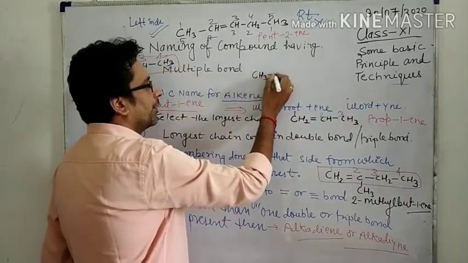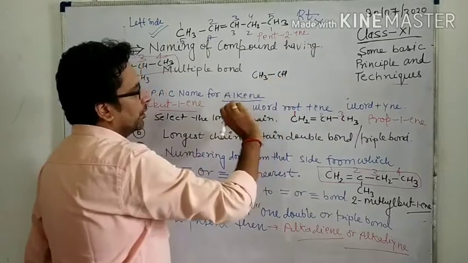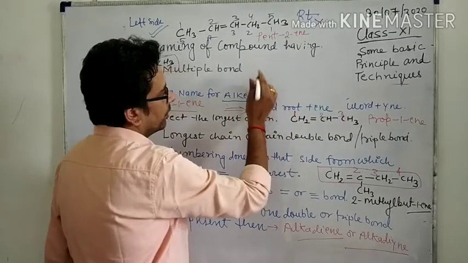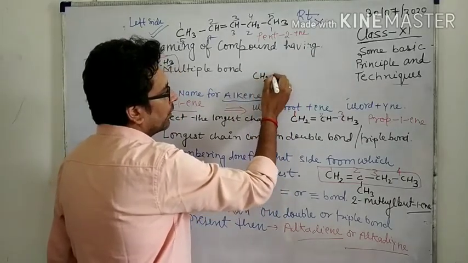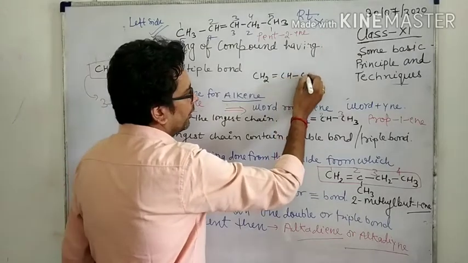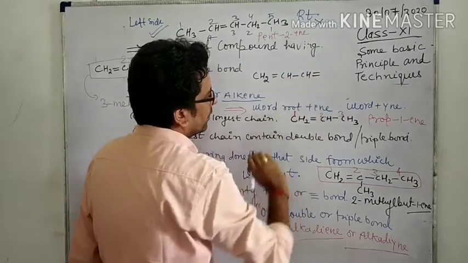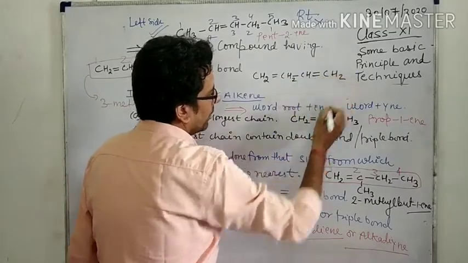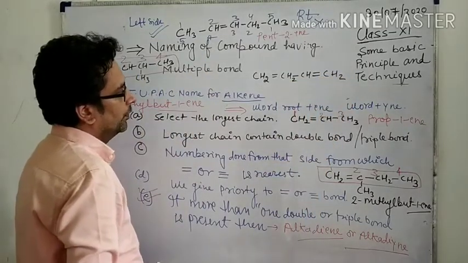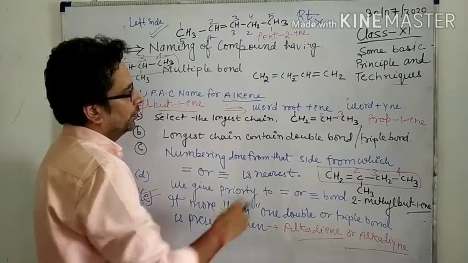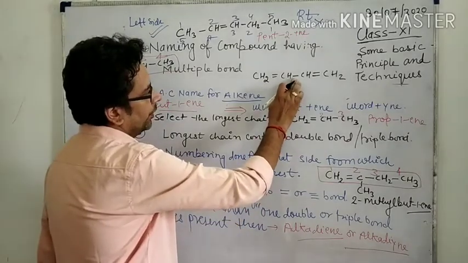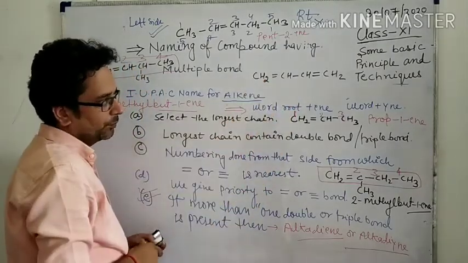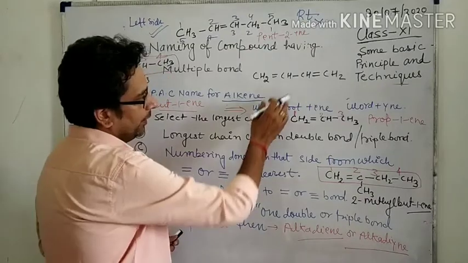CH3 CH, CH2 double bond CH CH, CH2, CH2. Okay, now what is the name of this compound?